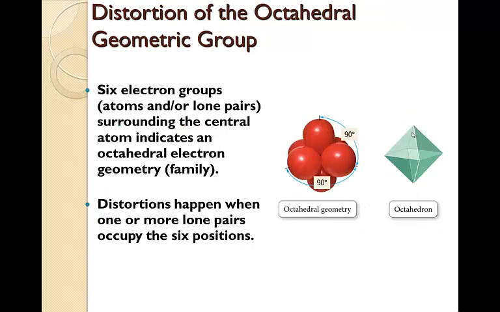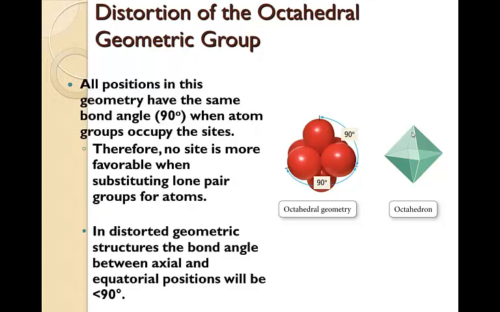So let's talk about octahedral now. This has 6 electron groups surrounding the central atom, indicating the octahedral electron geometry or the family. The distortions happen when one or more lone pairs occupy the 6 positions. Unlike the trigonal bipyramidal, all of these are 90 degrees.